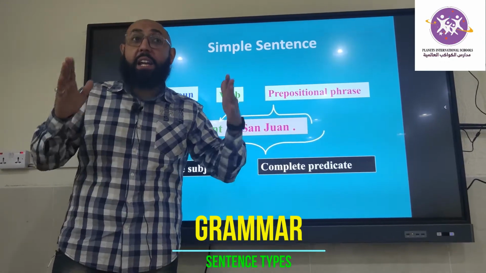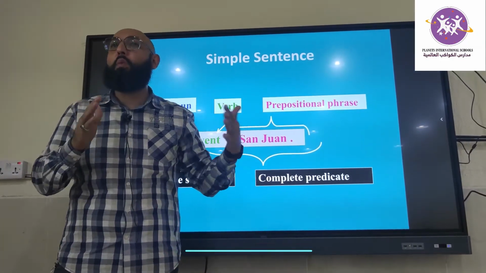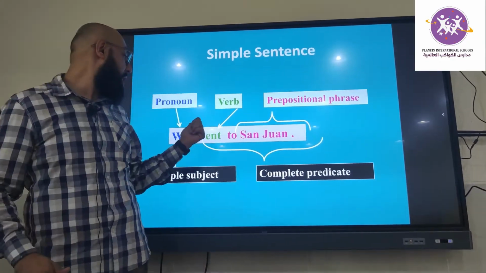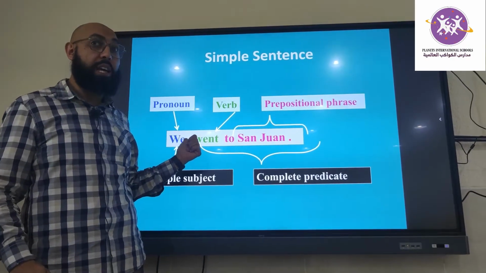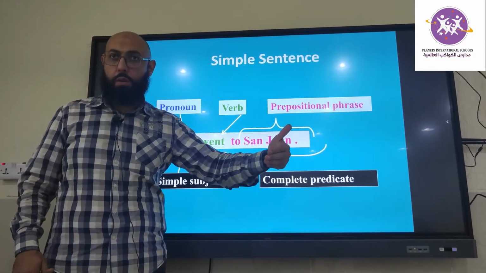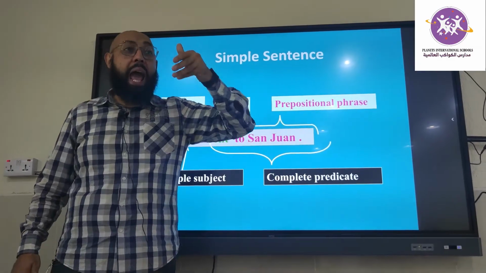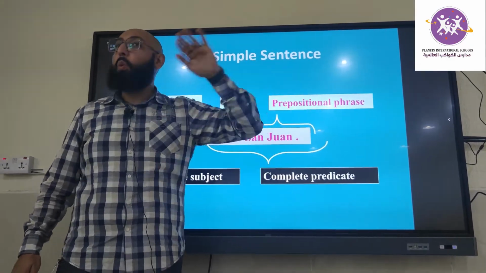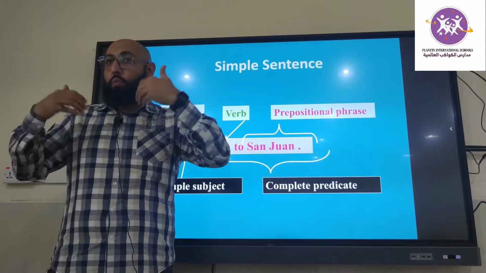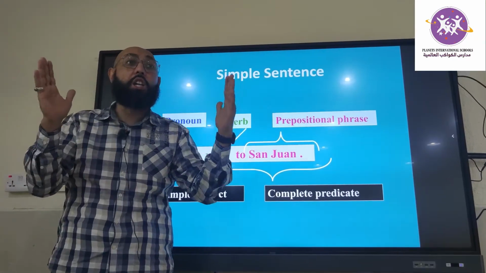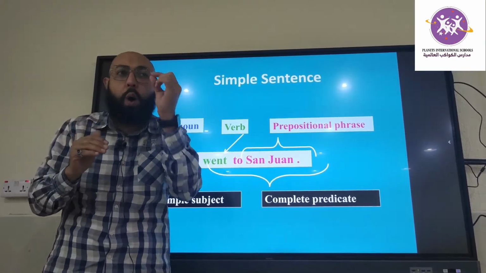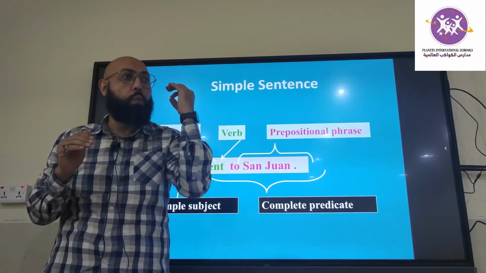But I can use more than one subject. For example, here you said we. I can say we and you, or we and they. So it doesn't represent just one person or one thing or one doer.